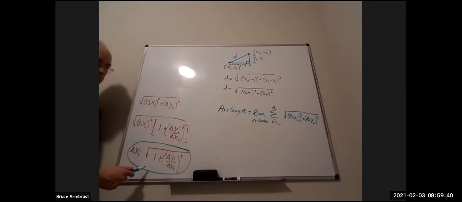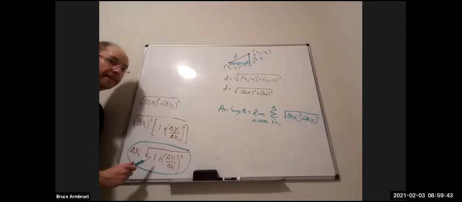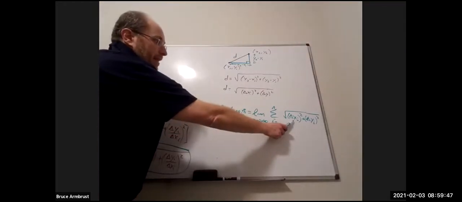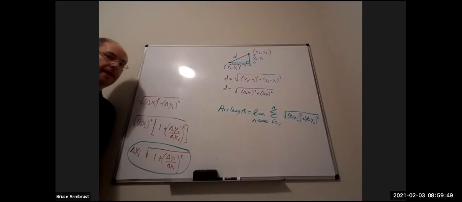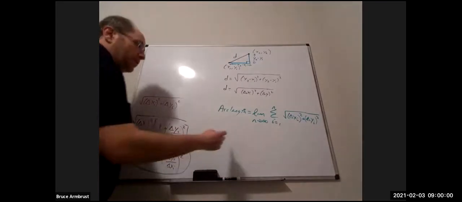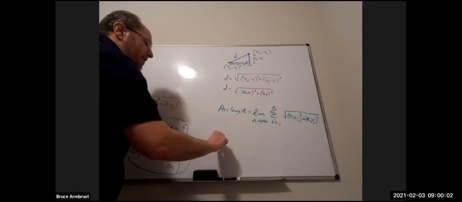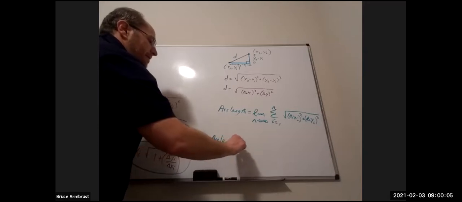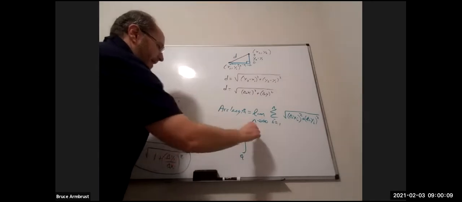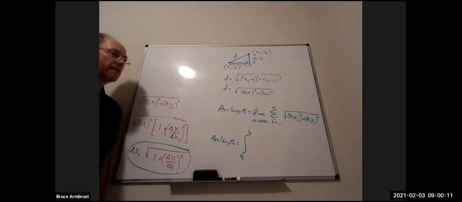This bottom line is exactly the same as what's in there. I just did a little bit of algebra. But now let's see what happens when we take that infinite limit and that sum. So this is going to turn into an integral, and it's going to be an integral from a to b, wherever our points are.